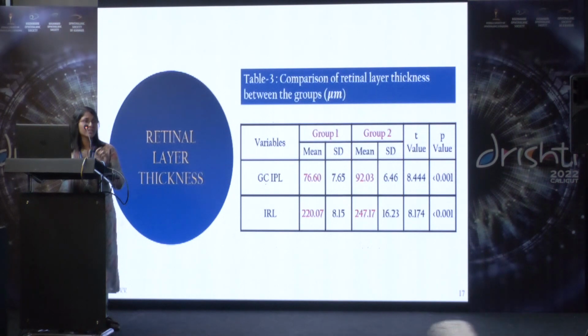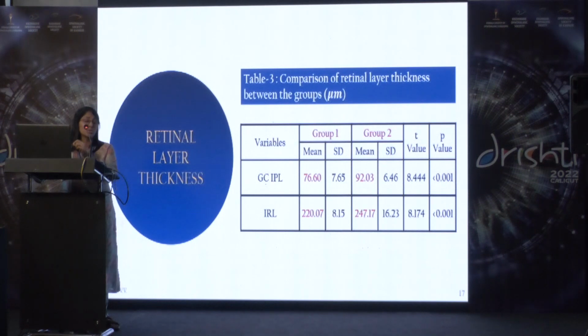The ganglion cell inner plexiform layer average was 92.3 in group 2, that is non-diabetic controls, compared to a staggering low 76.6 micrometer in group 1. Similarly, inner retinal layer thickness was a robust 247 in group 2 compared to 220 micrometer in group 1.